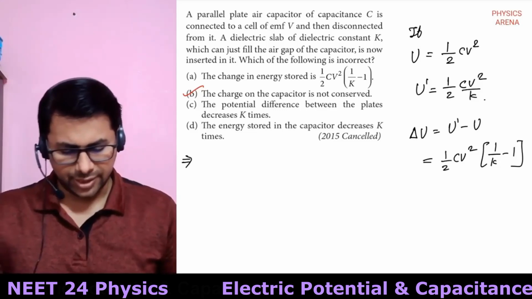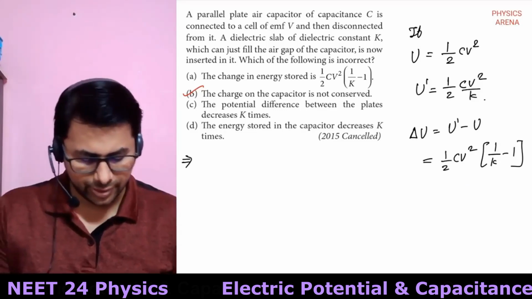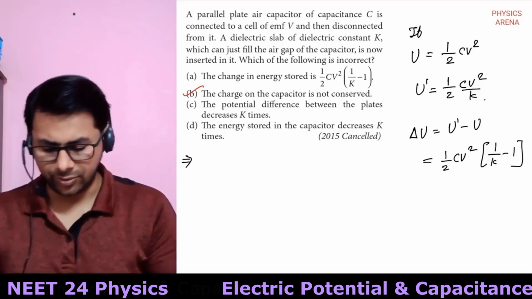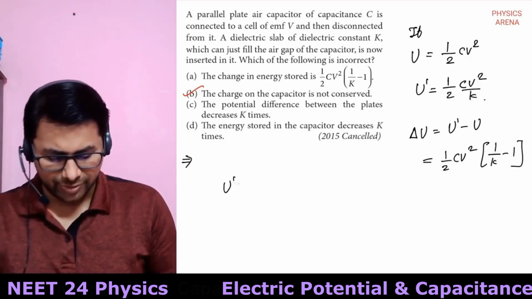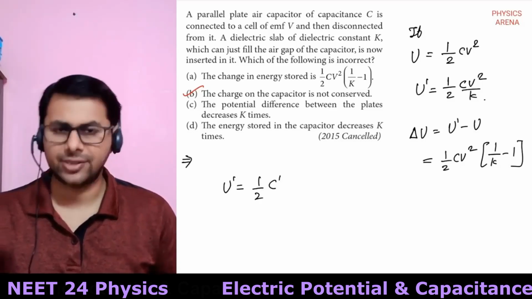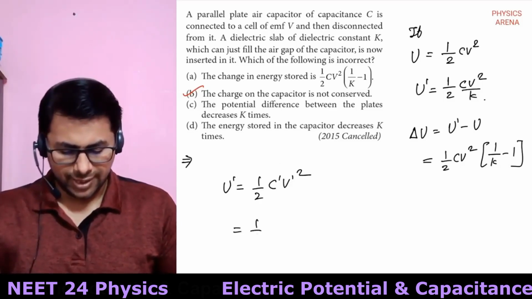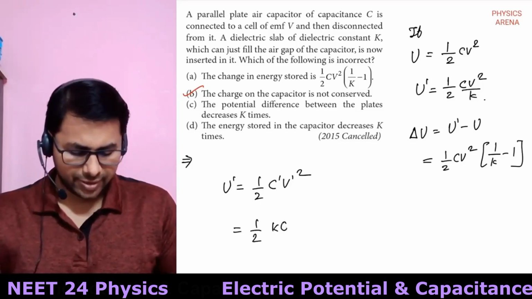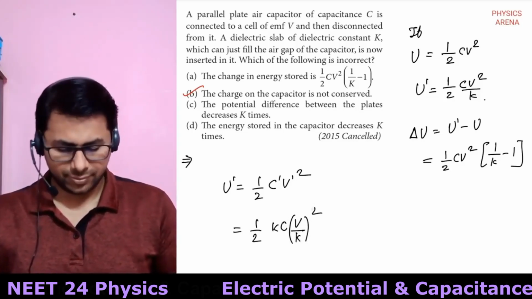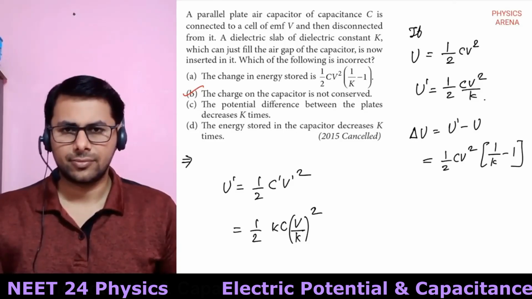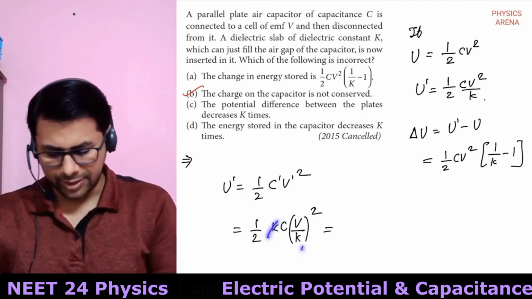Okay. Now if the energy decreases K times, see, u dash will be equal to what? It is half of C dash times V dash square. So C dash becomes K times C and V dash becomes V by K. Then you have K square in the denominator, one of that gets cancelled out.